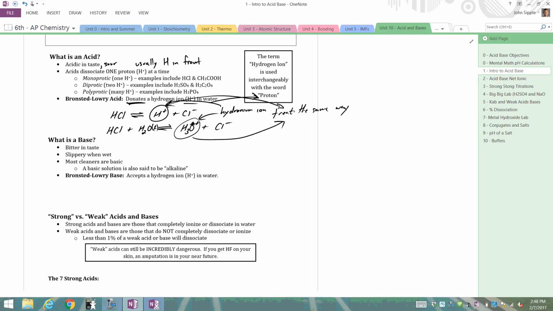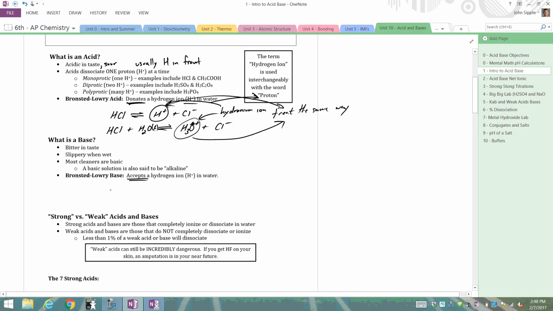Really dark chocolate, things that are high in cocoa, would be bitter, because cocoa is a base. That's where the bitterness comes from. Most cleaners are basic. And really the deal is these guys are going to accept H pluses in solution in water.